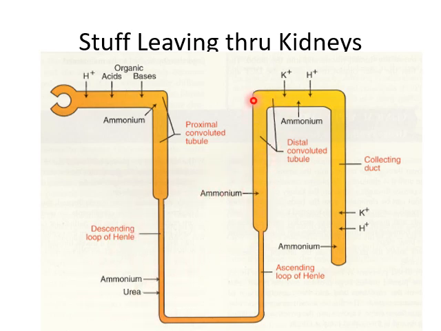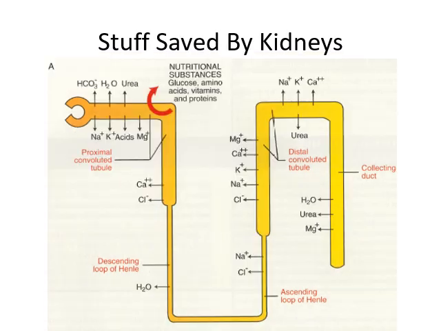Ammonia and urea, we need to get rid of those. And then as we get down here in the collecting tubules, we've got potassium, hydrogen ions, and ammonium. So things that are going to be secreted or managed in certain areas are going to be pushed out. We're not going to ask you to remember which ones go where, but just realize that there are specialized regions that are designed to get rid of specific things. So making sure that these things get put into the nephron.